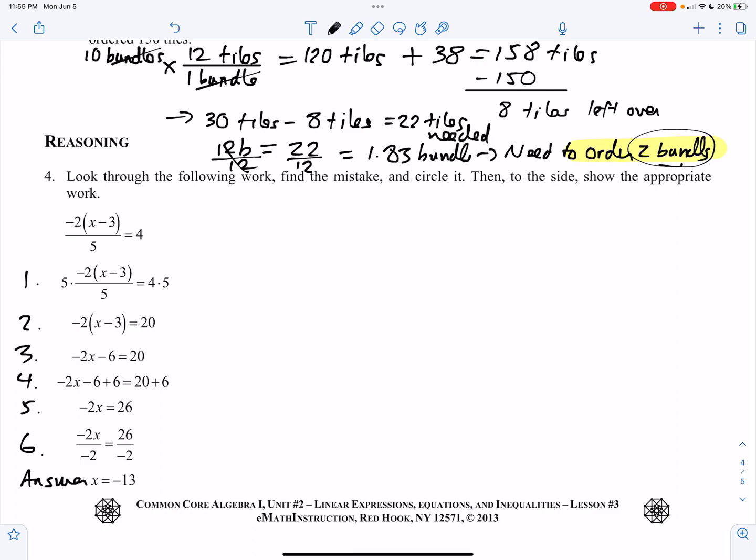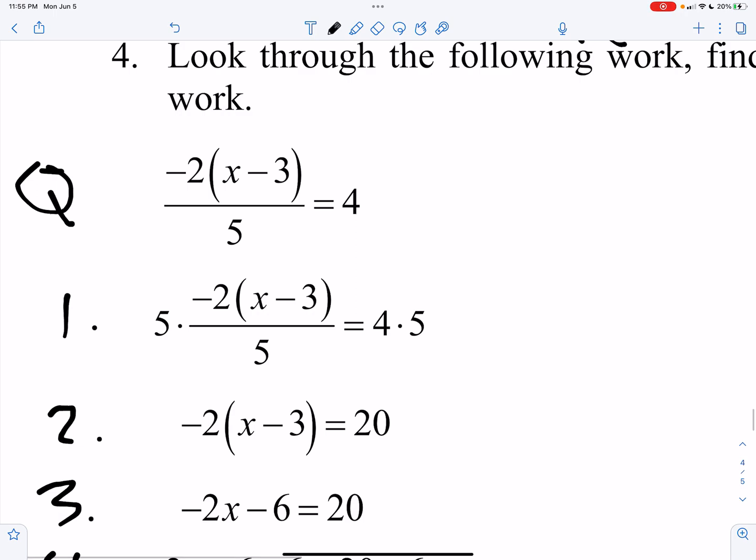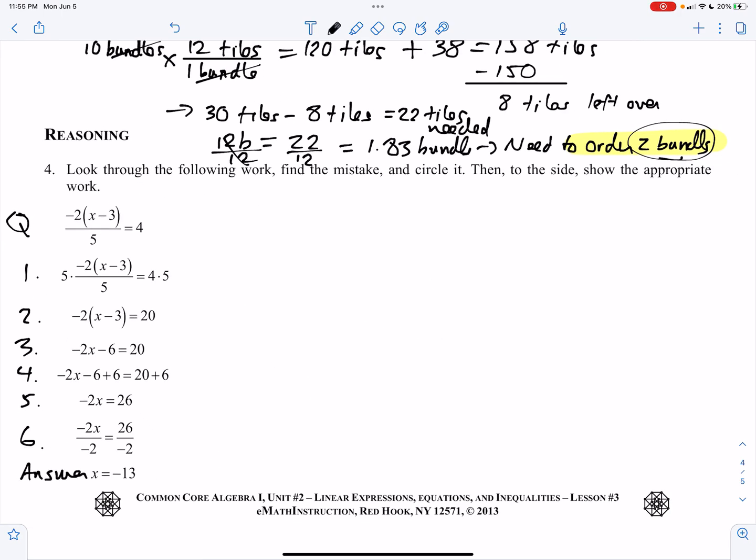Looking at your steps 1 through 6, what step seems to be the mistake? Then circle it. Let's look at one step at a time. In the original question, they're trying to get rid of the dividing by 5, so they multiplied both sides by 5. Well, that part looks right.